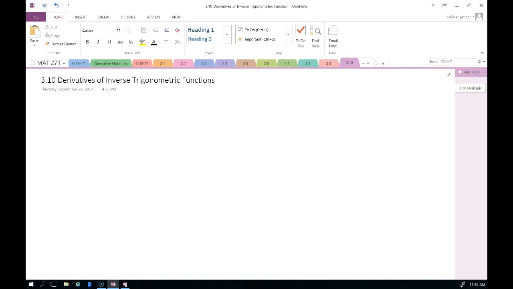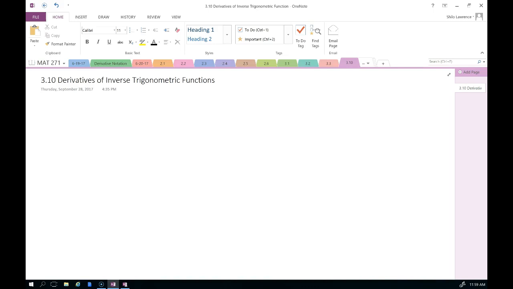I am going to show you how one of them is derived. All of them can be derived similarly. If for any reason you did have to come up with one off the top of your head and you didn't memorize the formula, there is a way to figure out the derivative of an inverse trigonometric function, just using what we already know about basic trigonometry, basic trig derivatives, and implicit differentiation.